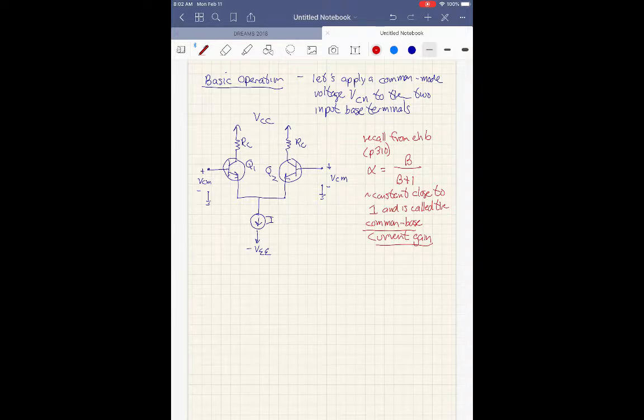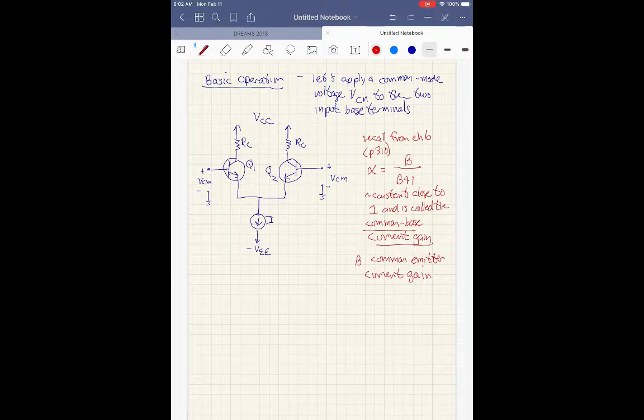And again, let's say what beta is here. Beta, we've used that before. That's the common emitter current gain. So it's really important the transistors in these differential pairs be as closely matched as possible.